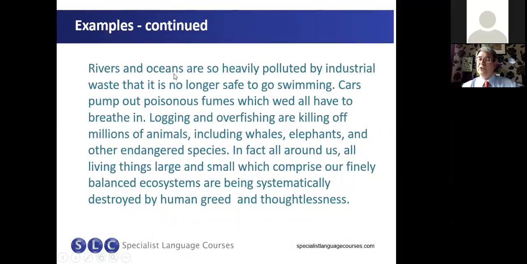"Rivers and oceans are so heavily polluted by industrial waste that it is no longer safe to go swimming." So this is just giving us more problems with the environment.